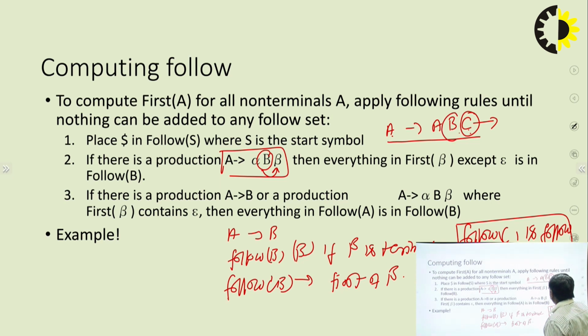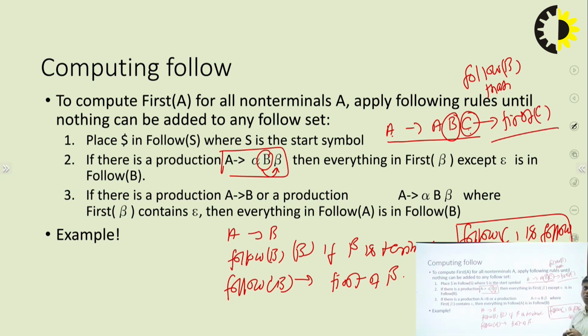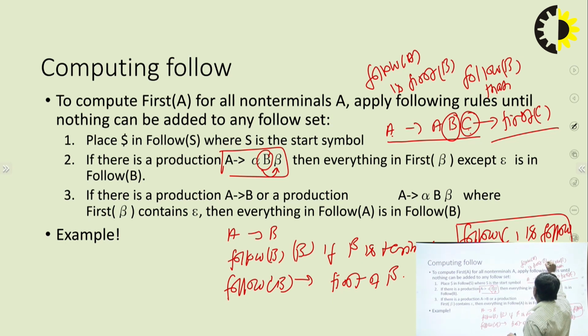And what is the Follow of B? B is followed by C. For this example, the First of C is known as the Follow of B. Similarly, we can calculate the Follow of A. The First of B is known as the Follow of A. So these are mainly the two rules by which we can compute the Follow.